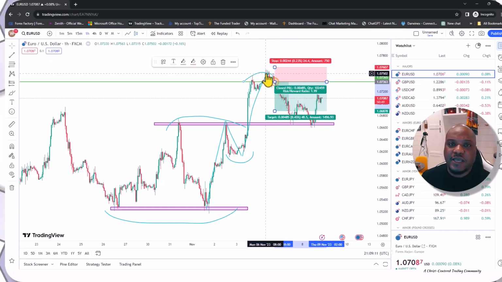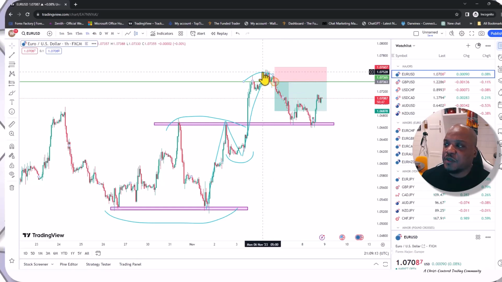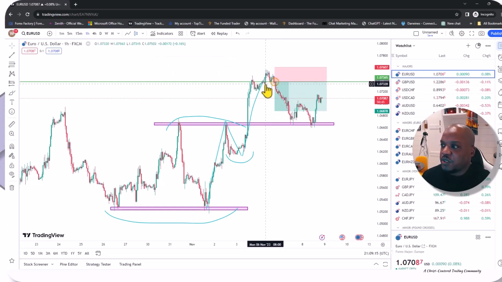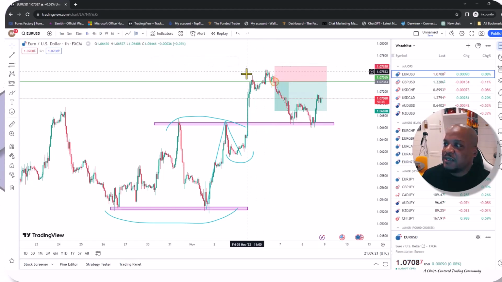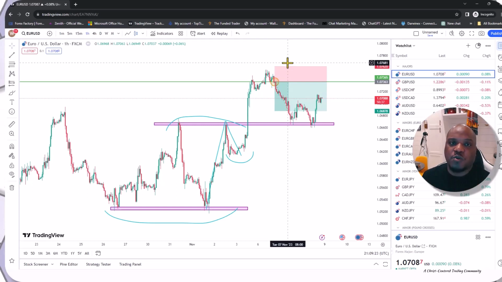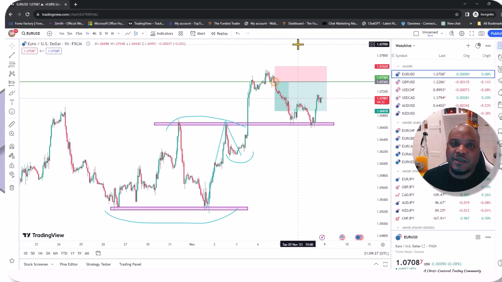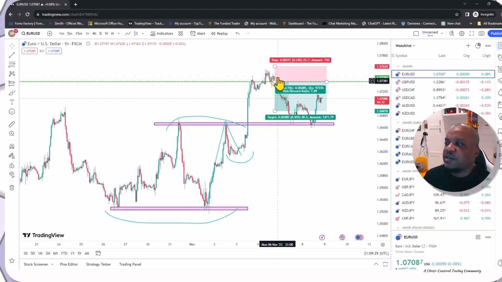We want to pull that above the last high. The last high was right here, and we want to pull it above that last high, because if price goes above this, it's probably not going to be good for us, so we want to limit the amount of loss.